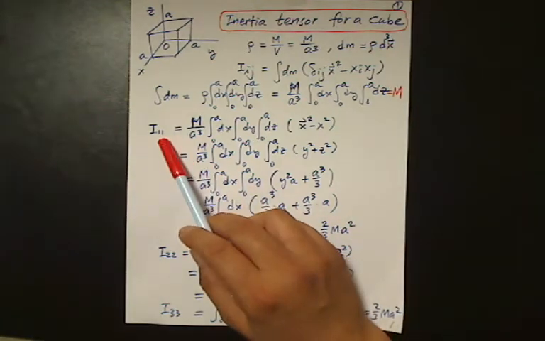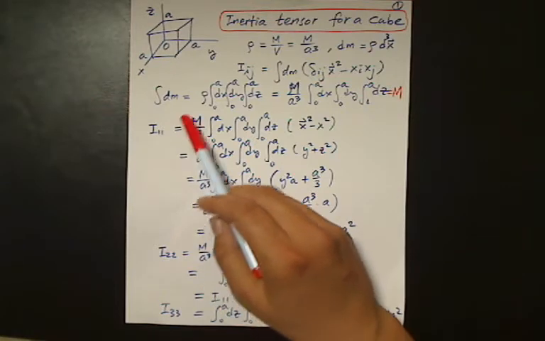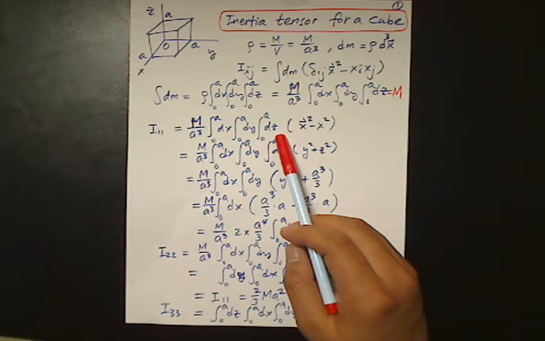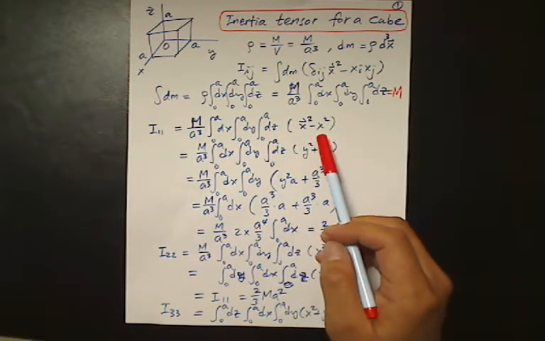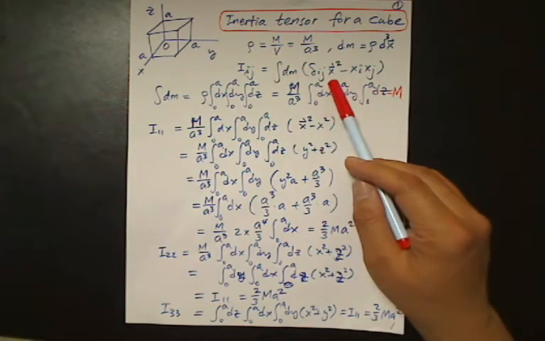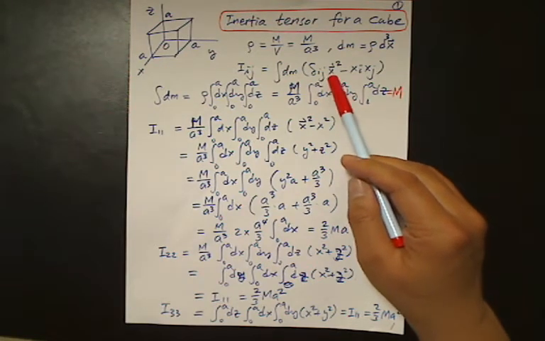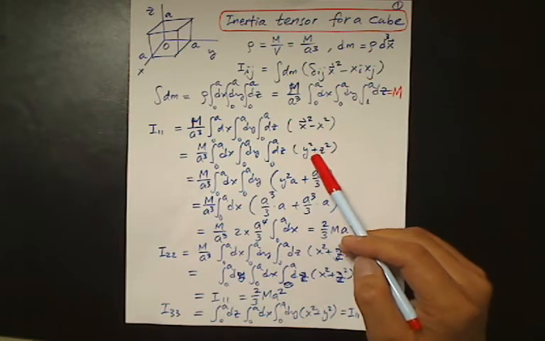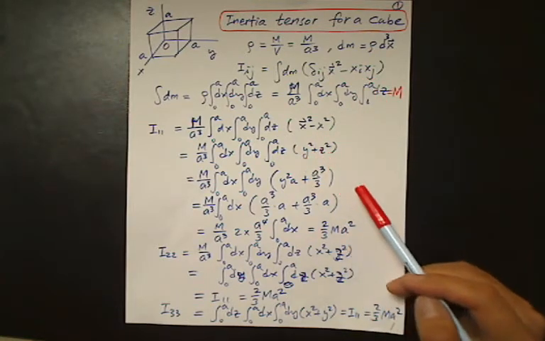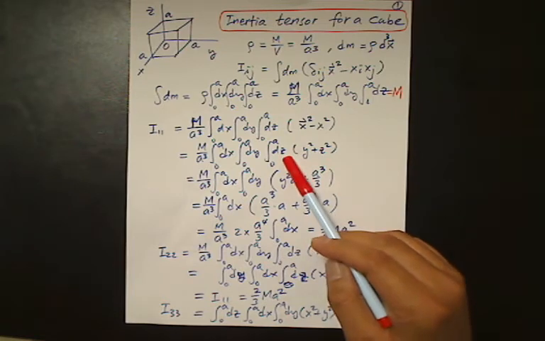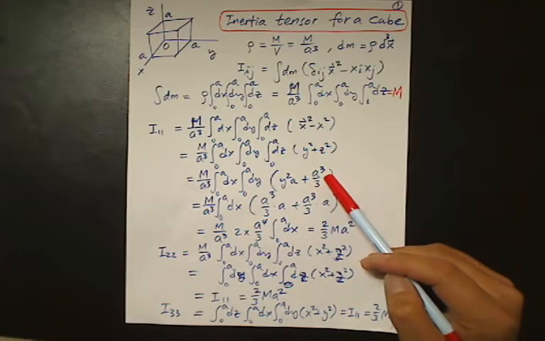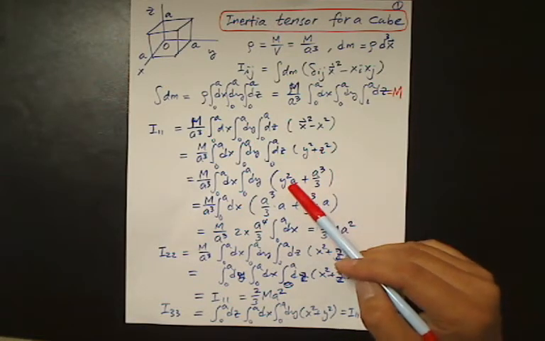The 1,1 element of the inertia tensor can be computed by multiplying the density and volume differential by the integrand x squared plus y squared plus z squared minus x squared, so y squared plus z squared, integrated. First, if we integrate over z, that results in 1/3 a cubed and y squared a.